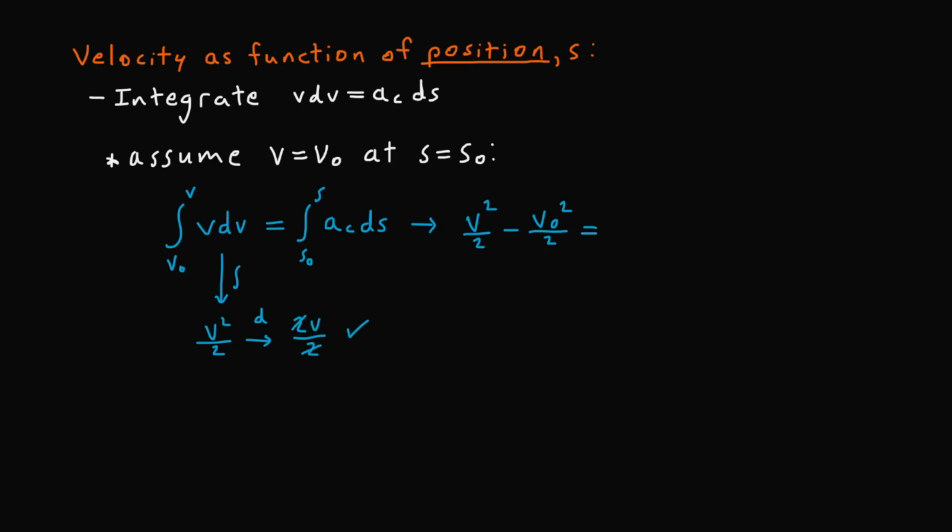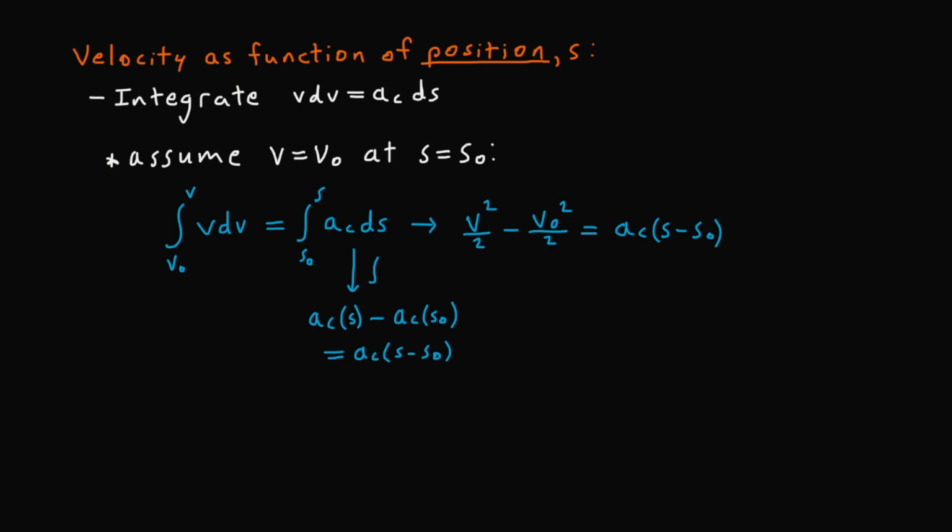And when you take the derivative of that, of course, you're left with v, which checks out. And now on the right side, taking the integral from s naught to s of ac ds, that is ac times s minus ac times s naught. And so we can simply write this as ac times s minus s naught.